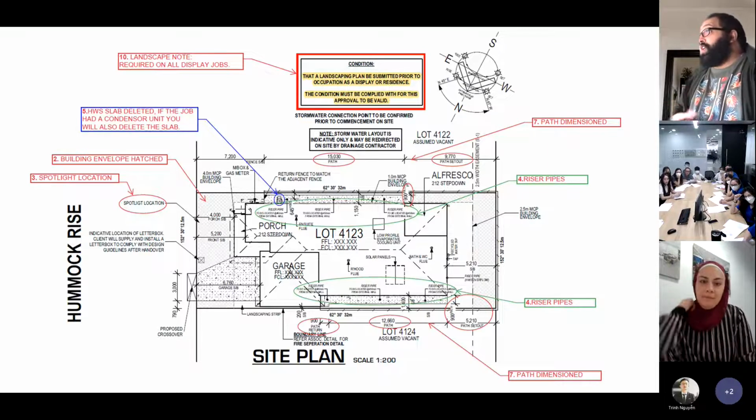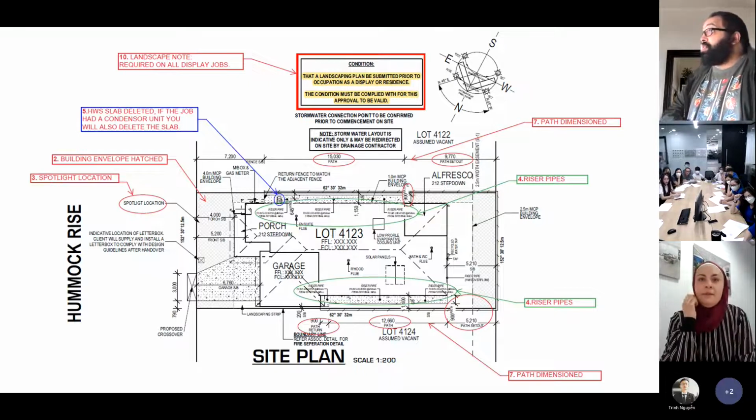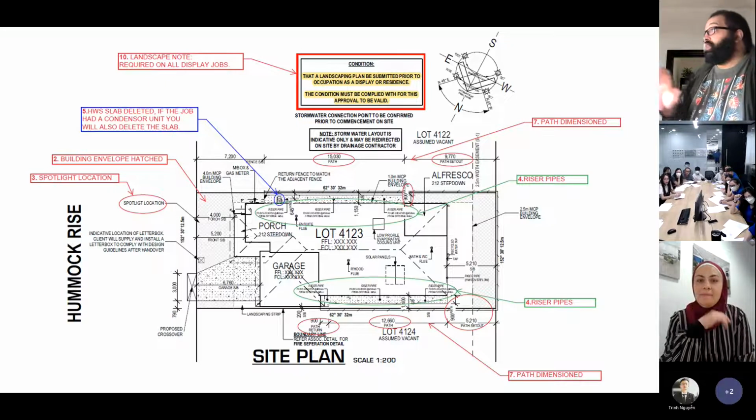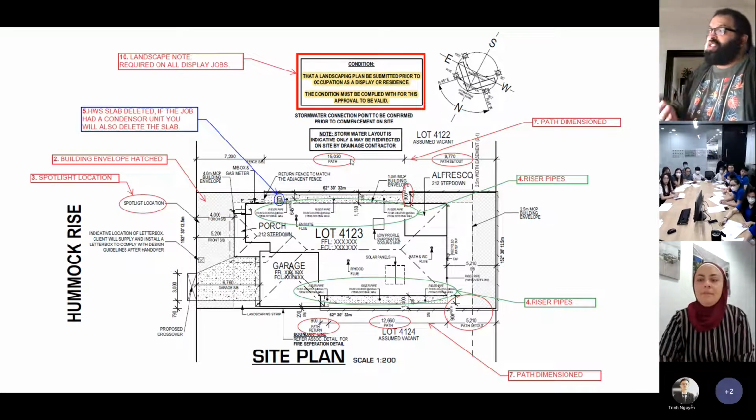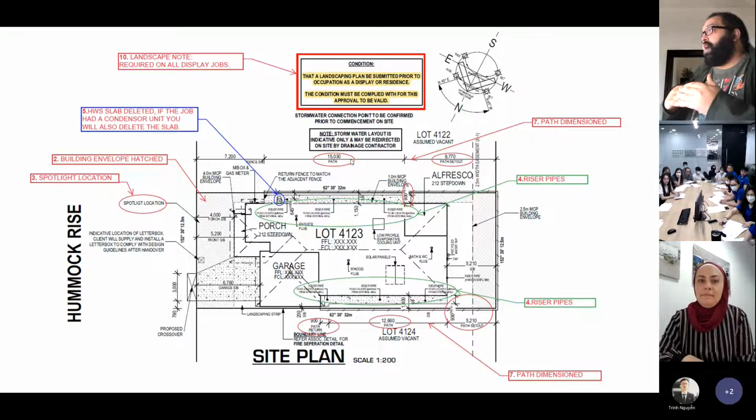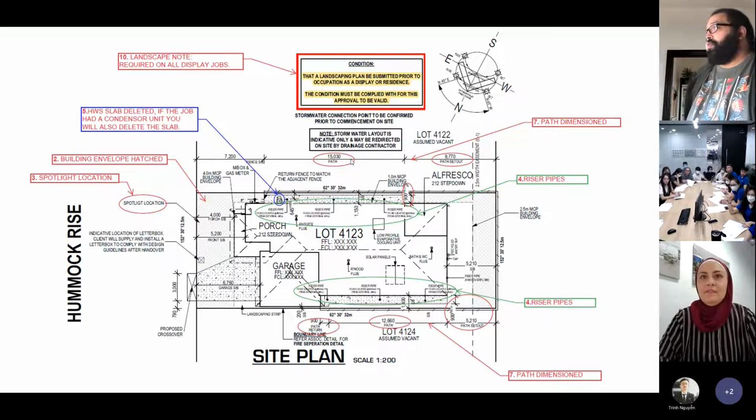I will notify you when I send through the work order request. I'll be notifying which jobs are a display home, so that you know that these items need to be drawn on them, and not to produce a landscape plan for it. So you'll be able to understand which is which when I send through the work order request. Yes, thank you.